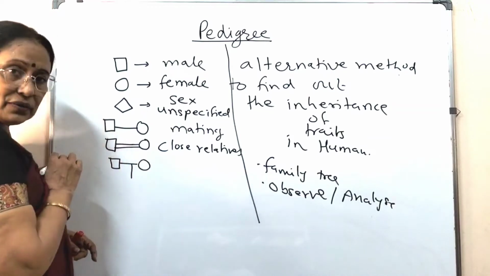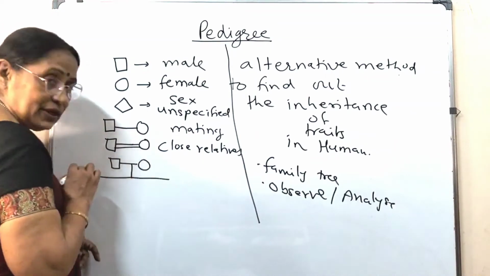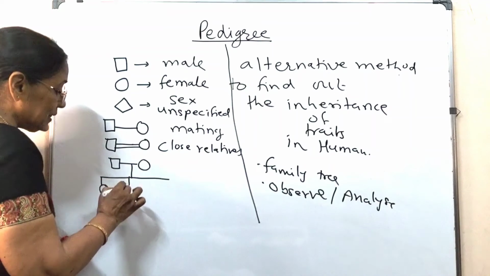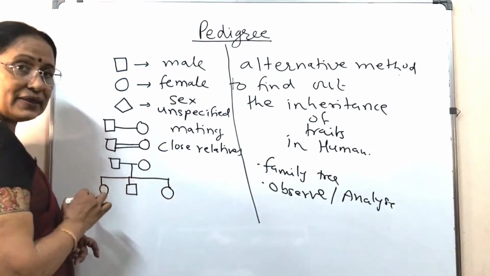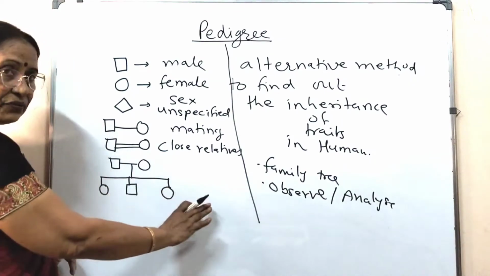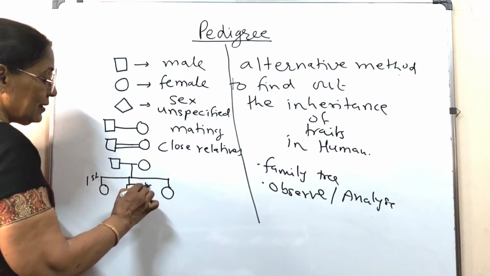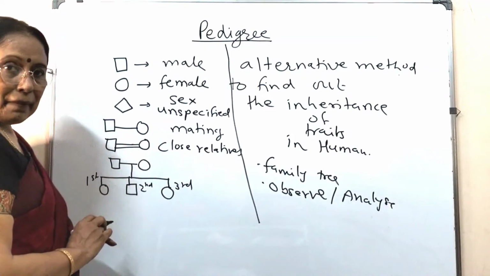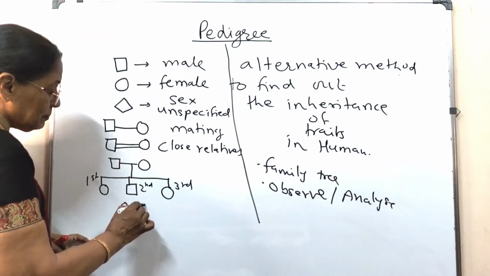After that, we take out one vertical line and on a horizontal line, we show the children in the order of their birth, means from left to right. This is the first child, this is second child, and this is third child. Like that.